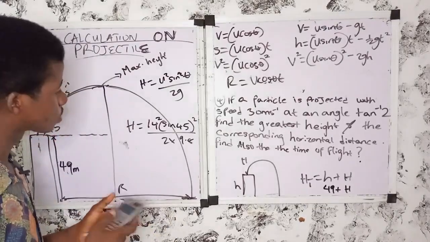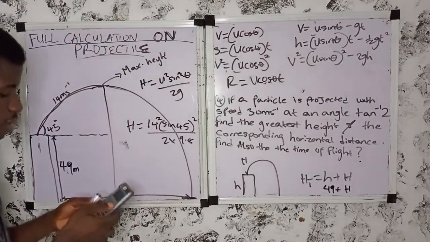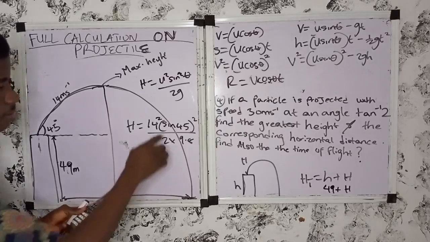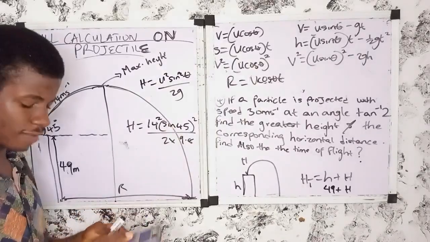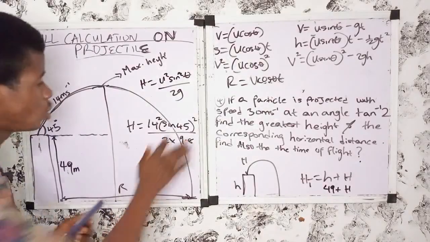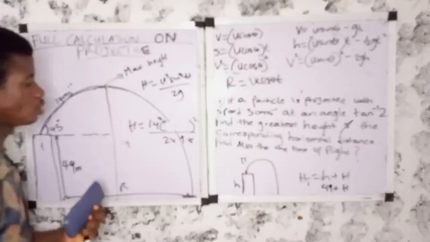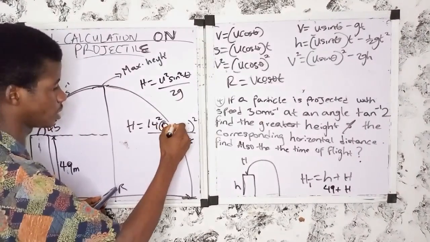Let's do it again, because it said math error. Before then, let's just look for sine 45. Sine 45 is 0.7071. So let's do it like that.